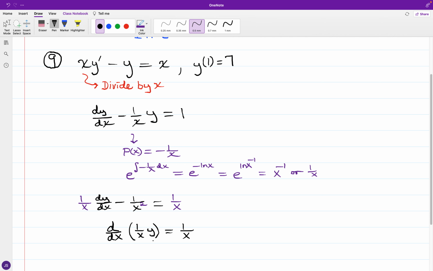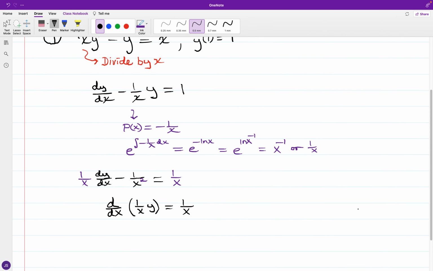And looking at 1 over x times y, I can integrate over both sides. So I got 1 over x times y, so it'll be y over x, and it is equal to the integral, so going from the derivative in x to integrating over x on both sides.